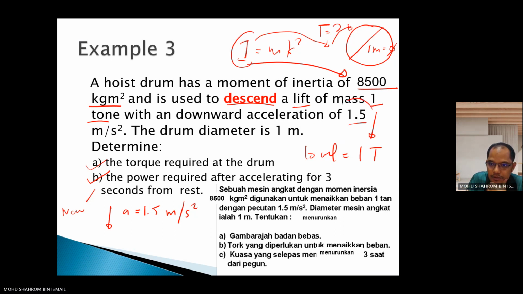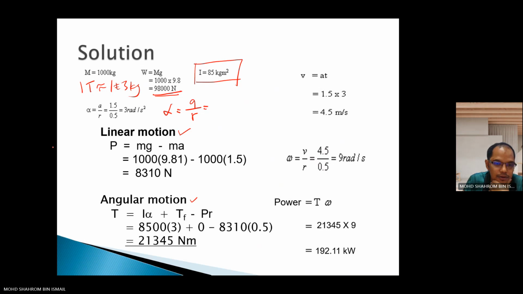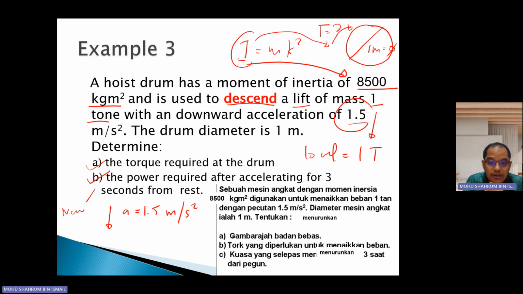So 1.5 divided by r. R is the radius of the drum, where the angular acceleration is supposed to happen.